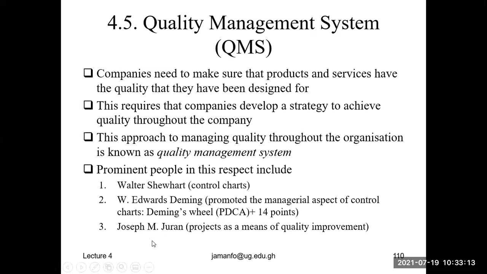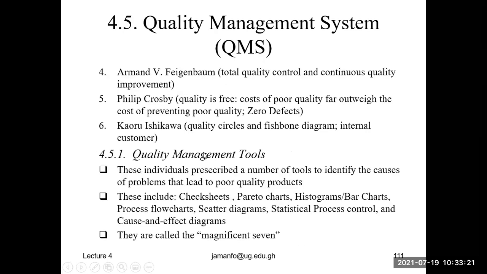And then we also have Joseph Juran, who saw projects as means of quality improvement. We have Armand Feigenbaum, who is known for total quality control and continuous quality improvement.